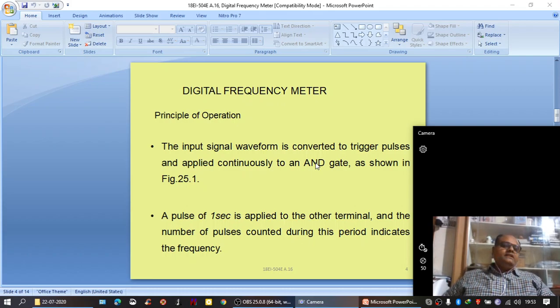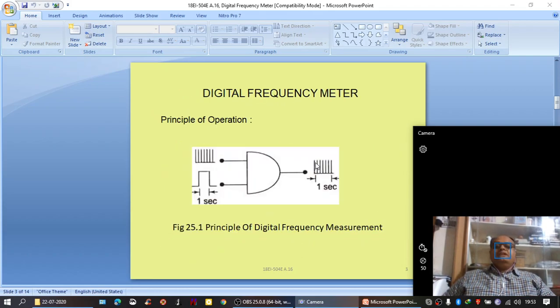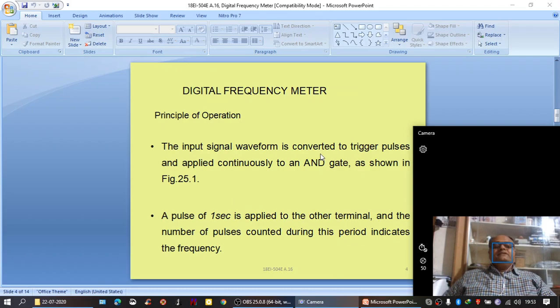And then the train of pulses are applied to a differentiator to get spikes like this. Spikes means a pulse with a very small duration, a signal with a very small duration.